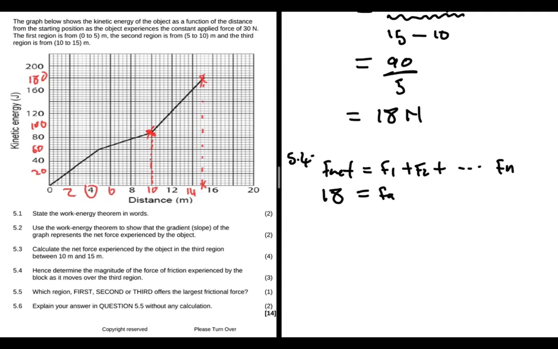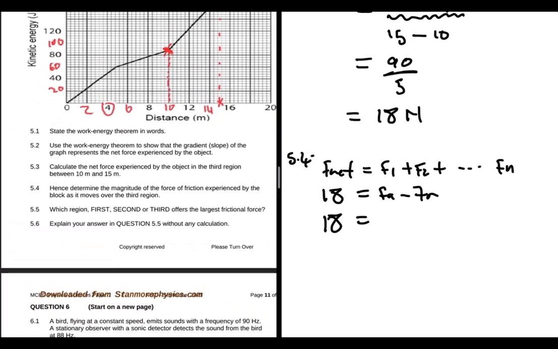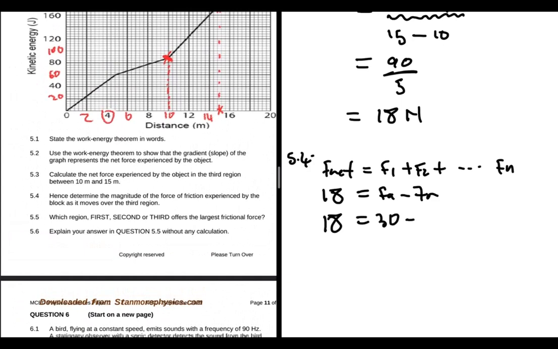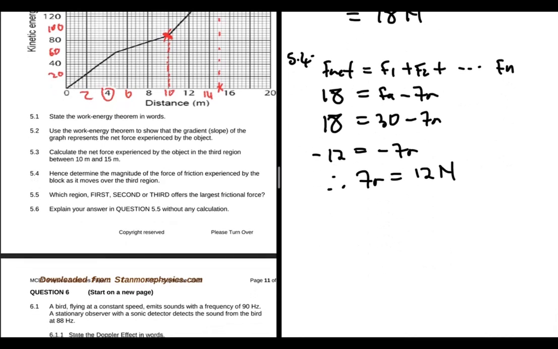So we have force applied minus friction. We say minus friction because it opposes the motion. So 18 equals F applied, which we are told is 30 newtons. So 18 equals 30 minus Fr. If we take 30 to the other side, we get minus 12 equals minus friction. So this gives us a frictional value of 12 newtons. Then that's 5.4.